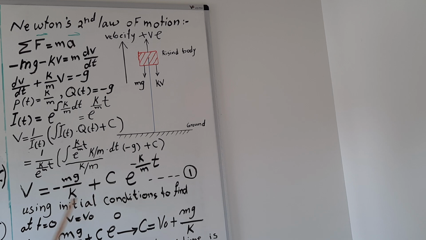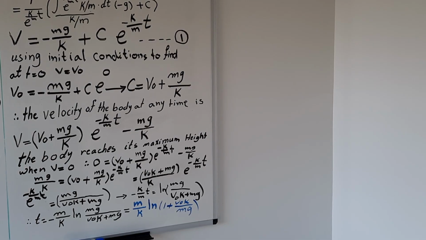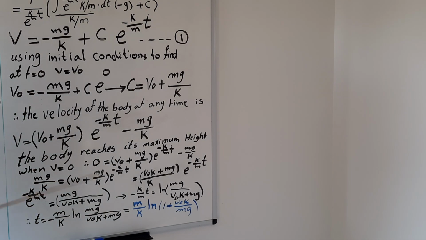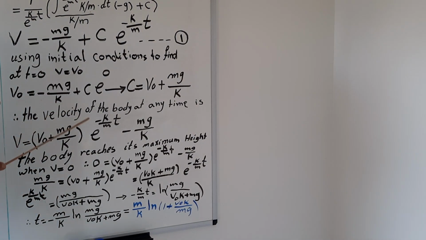This is equation 1. To find the c, we need to apply our initial condition. We use our initial condition, which is at t equals 0, the velocity of the body was v naught.